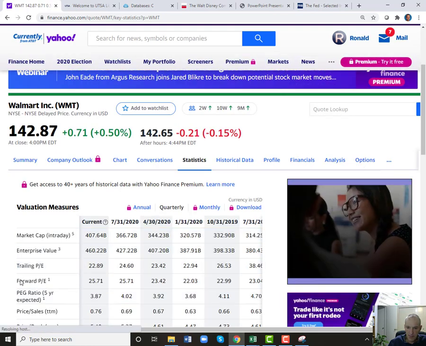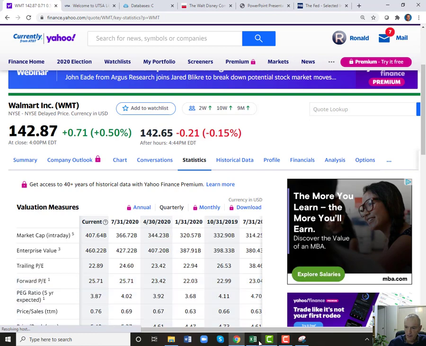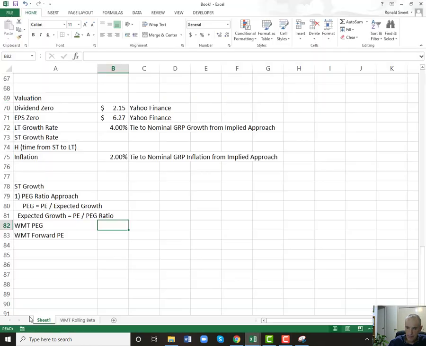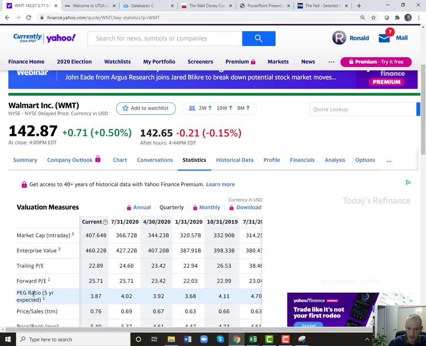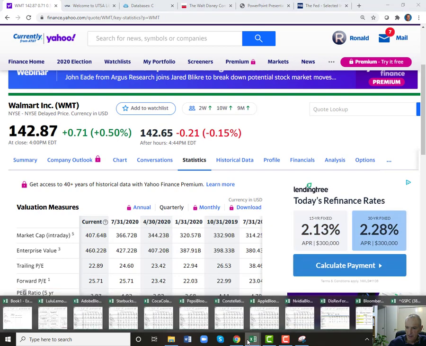So you look at the top, their forward PE is 25.71. That's their PE, not their PEG. And their PEG ratio is right here. PEG ratio, you say that's 5 years expected. And the footnote will tell you it's the forward PE divided by that. So this is what some analysts think, so 3.87.